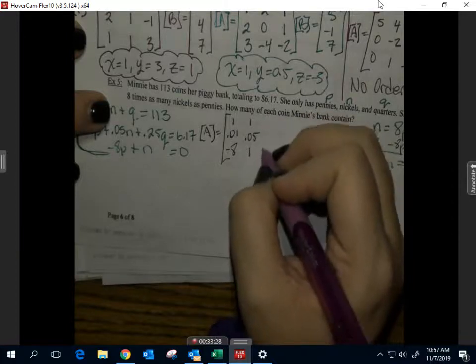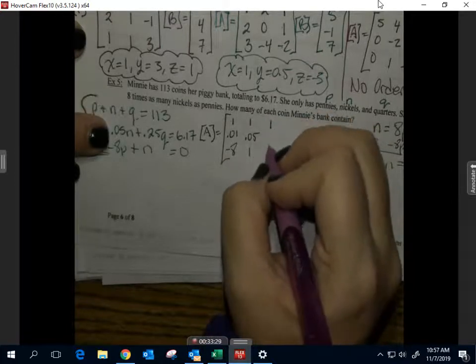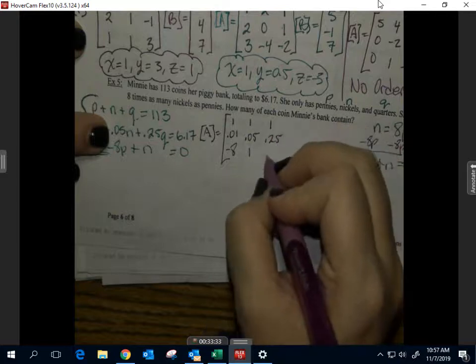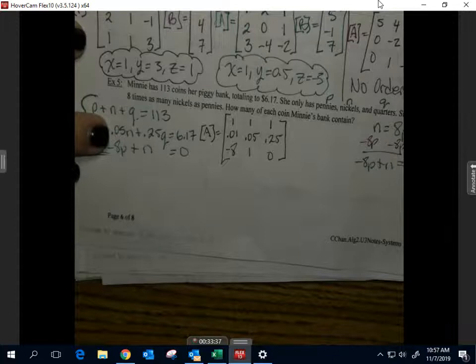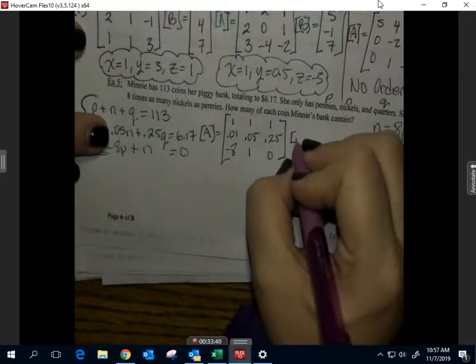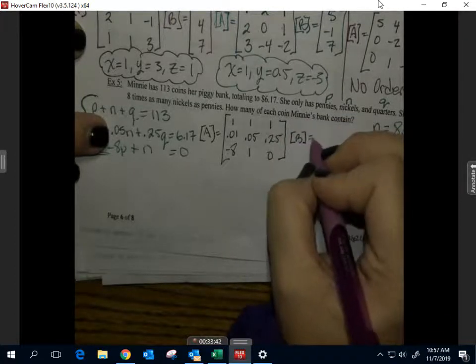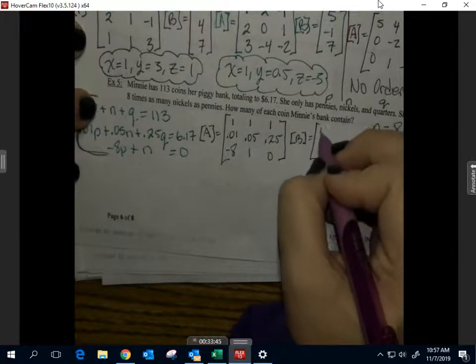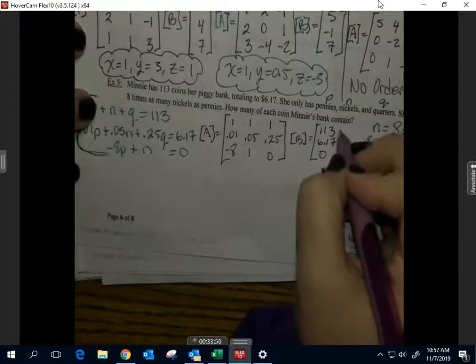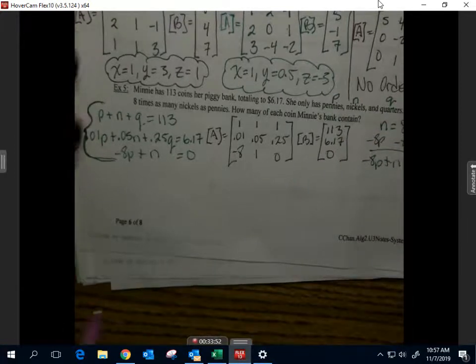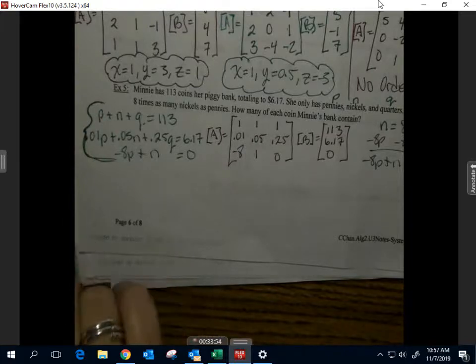Quarters, my third column, is going to be 1, 0.25, and 0. Matrix B is going to be 113, $6.17, and 0. Are you good so far?